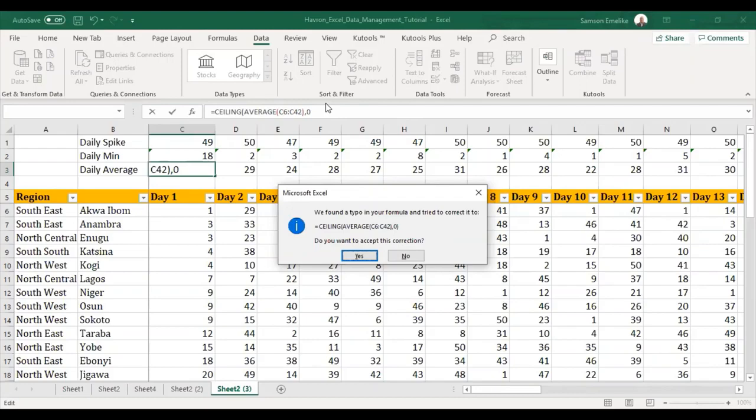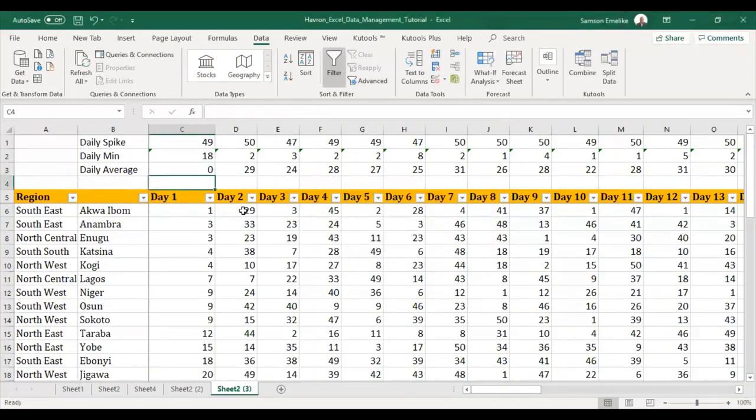For this one, we need to close the bracket. And because it's simply closing a bracket, Excel is helping you. It says we found a typo in your formula and try to correct it to this. So I will accept, and then it gives me this.